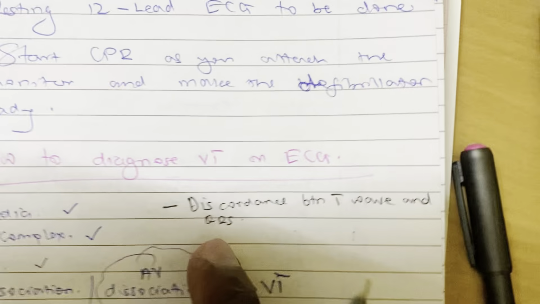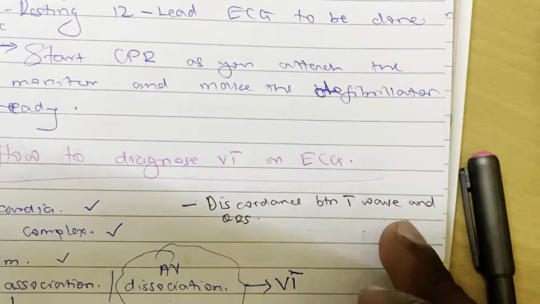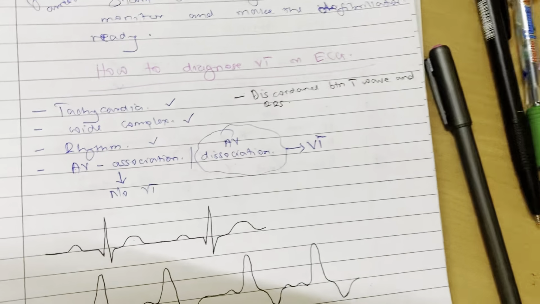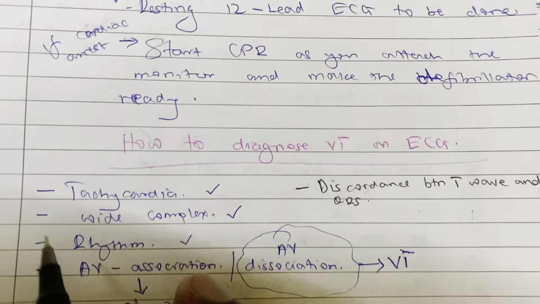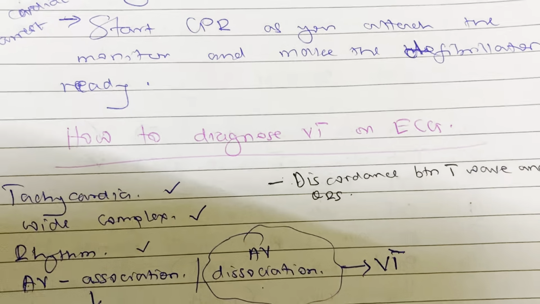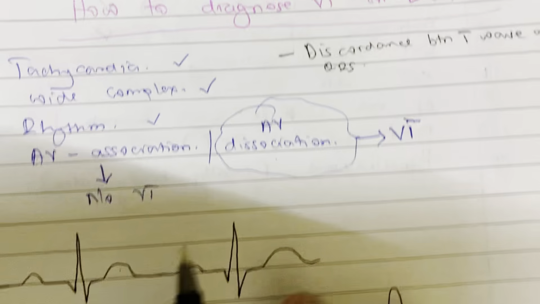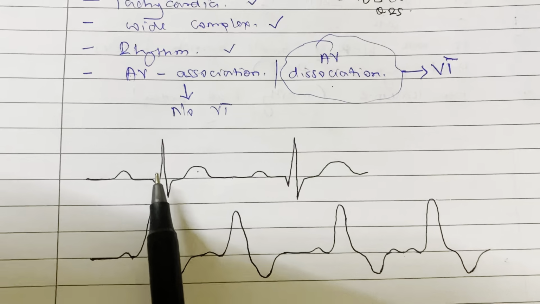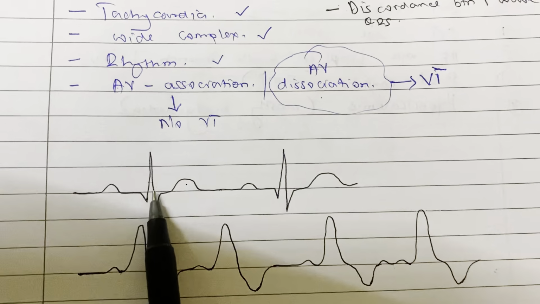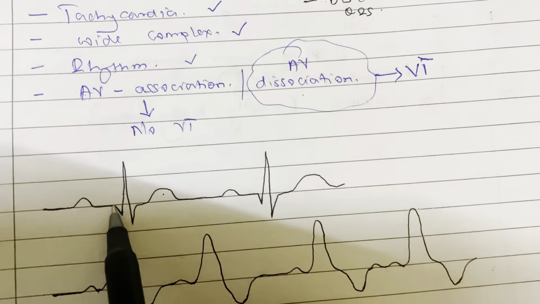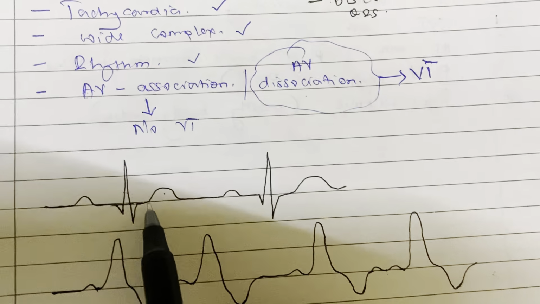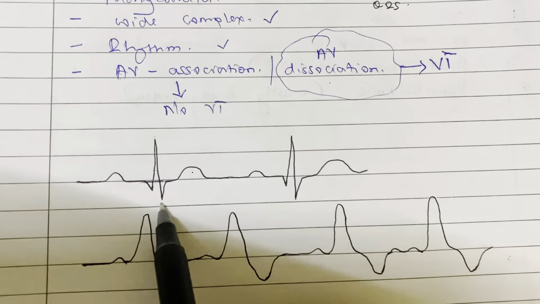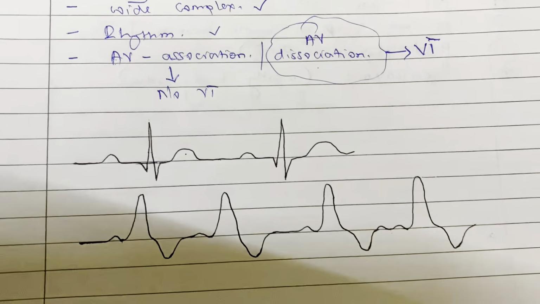Another point I've added, discordance between the T wave and the QRS. In the normal ECG, if the majority of the QRS complex is positive, here the majority is positive, almost two big boxes, less than one big box, or one line.